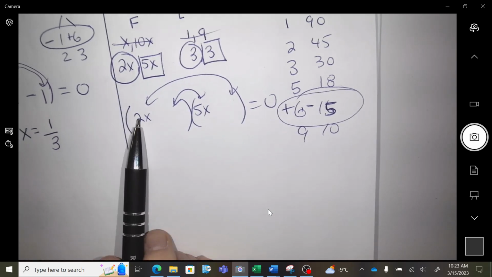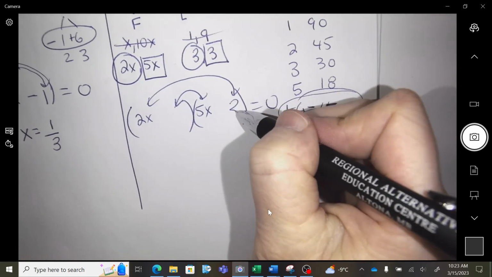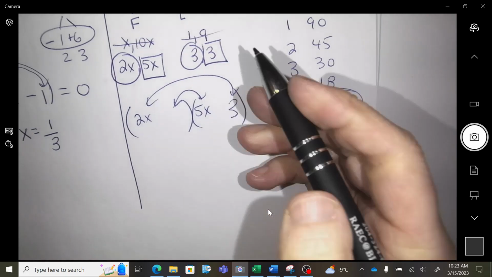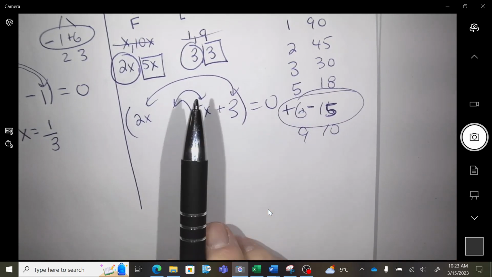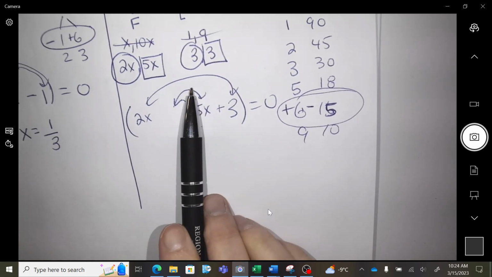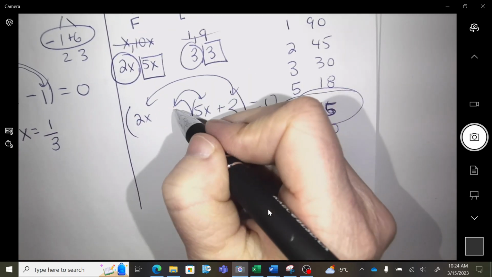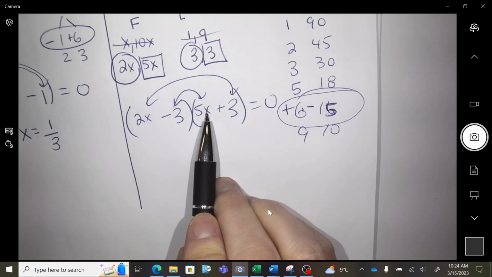So the 2x on the rainbow needs to connect with a 3 to make plus 6x. And the 5x with the inside rainbow needs to connect with a 3 to make negative 15x.